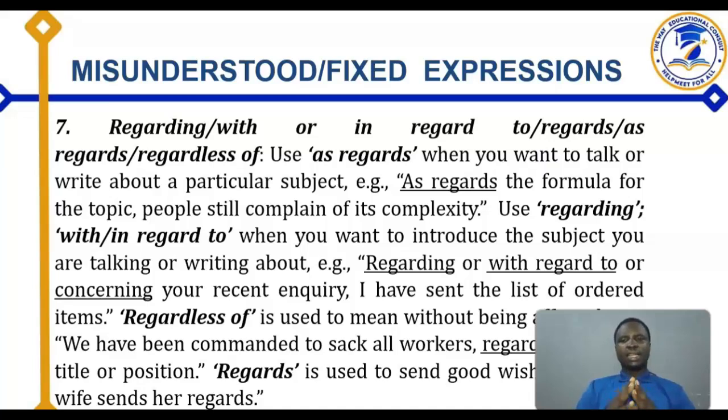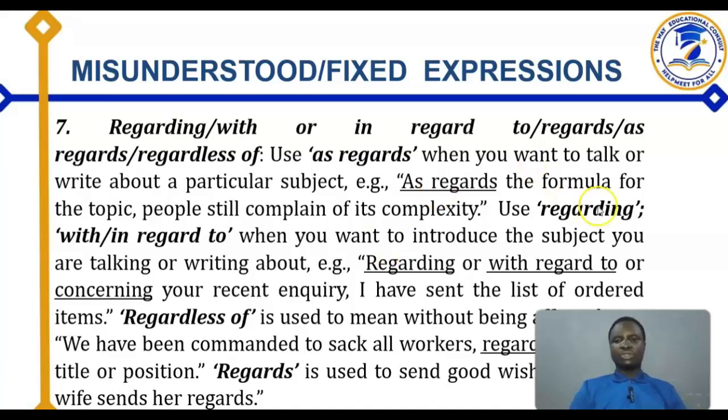Here, the formula for the topic is not something new to the audience or to the student. It's just a restatement, like maybe the second or third mention. So you use as regards for something already known or assumed to be familiar to the audience. But if it is about the first mention, you have regarding, with regard to, or in regard to.